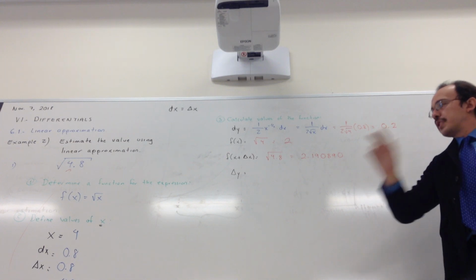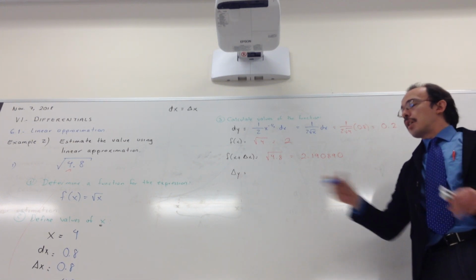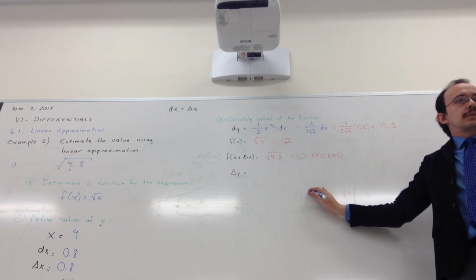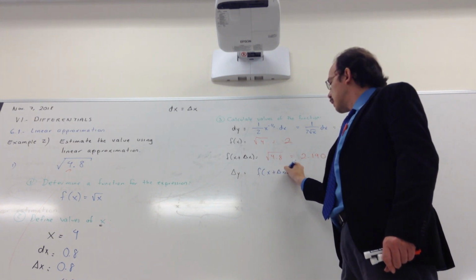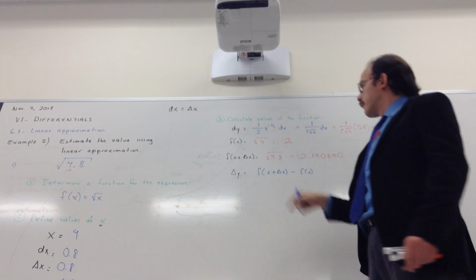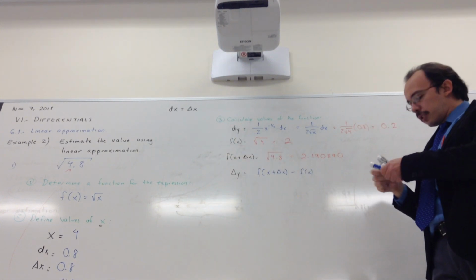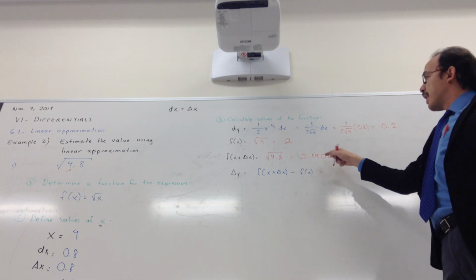Delta y will be what? How can I find it? From the graph that I did, it was f of x plus delta x minus f of x. So I need to subtract this minus what?